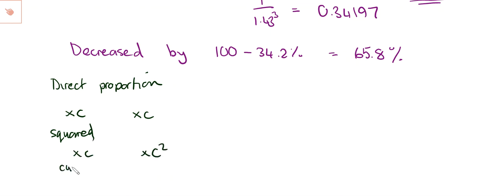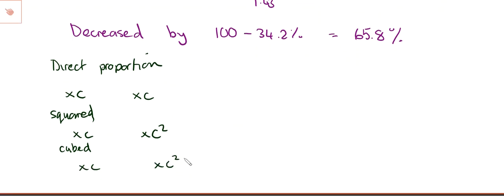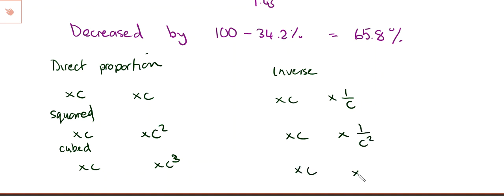If it's cubed, times c cubed. If it's inverse, times c times one over c, times one over c squared, times one over c cubed. Okay, so that's basically what you need to remember.